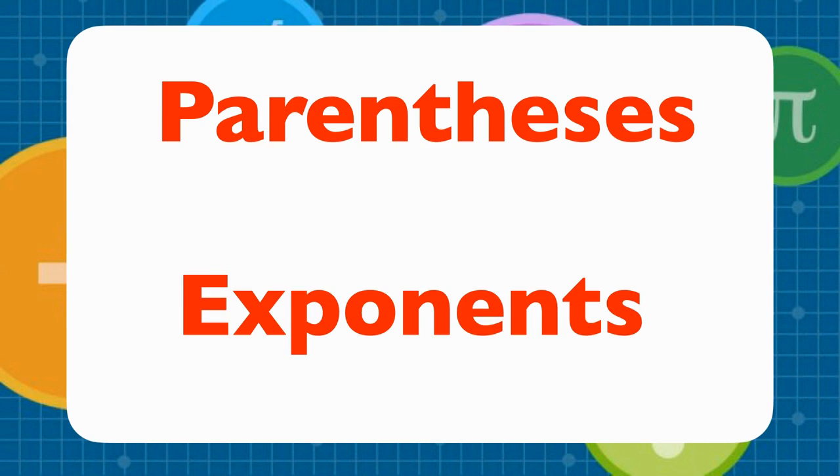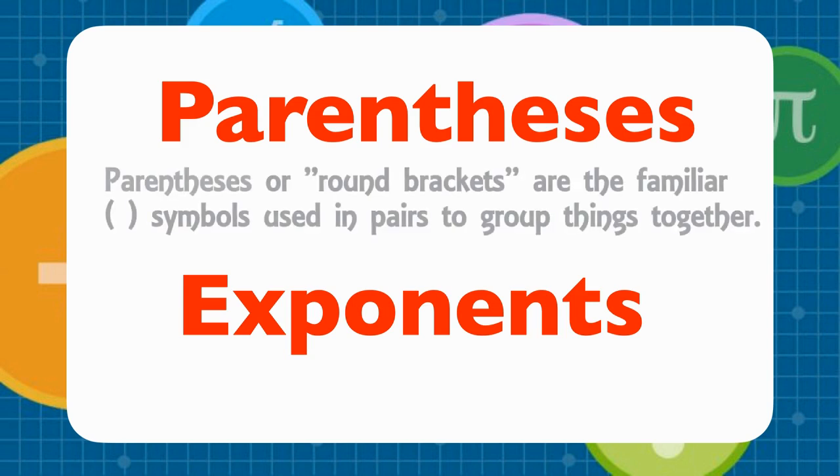What are parentheses? Well, parentheses or round brackets are the familiar symbols used in pairs to group things together. So when you see brackets, that means group. Now let's look at exponents. What is an exponent?